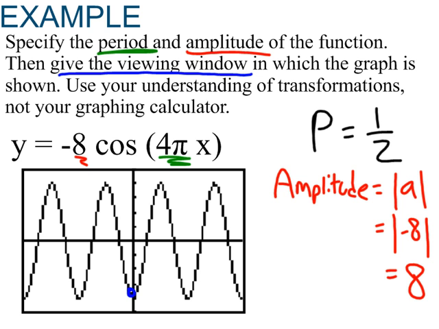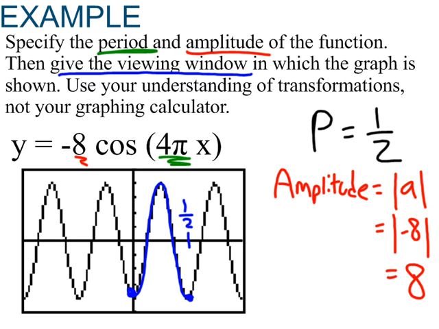And I'm going to draw on here one full period of this cosine wave. I started at the bottom of the valley, so it's going to end at the bottom of the valley. And then I'm going to say, how many of those do I have on the screen? And let me point out too, if the period is 1/2, then I know that that is 1/2 on the x-axis.